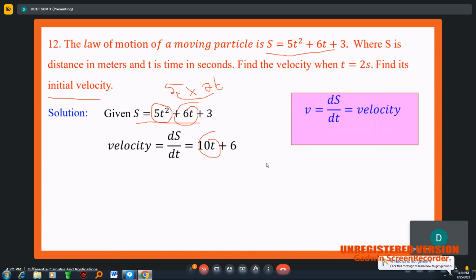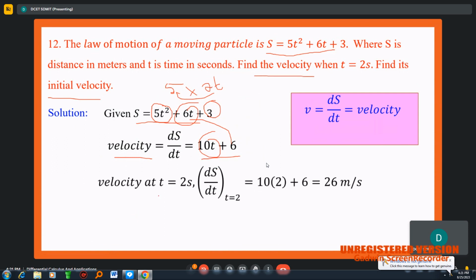The differentiation of 6t is 6, plus the differentiation of 3 is 0, so we get 10t + 6. Now we find the velocity when t is 2 seconds. In the place of t we replace 2: 10 into 2 plus 6 is 26 meters per second.